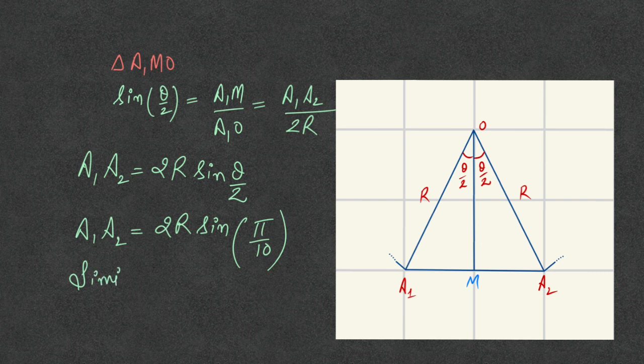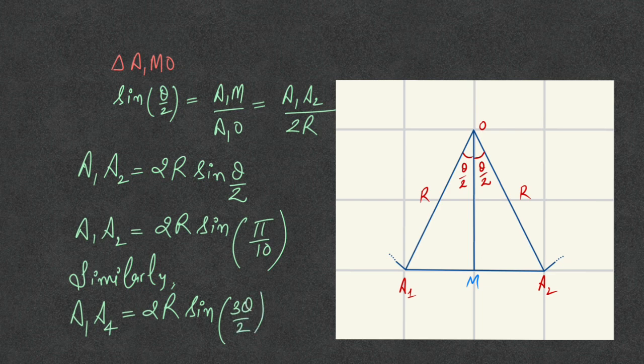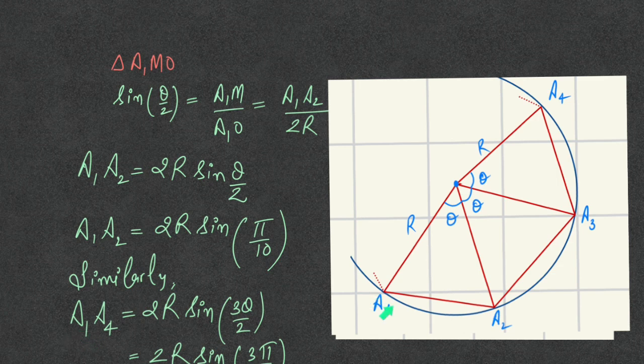Similarly, A1A4 is equal to 2R times sine of 3 theta by 2, which becomes 2R sine of 3 pi by 10. Because from A1 to A4 the angle becomes 3 theta, and we take half of this 3 theta, it becomes 3 theta by 2, and theta by 2 we already know is pi by 10, so it becomes 3 pi by 10.